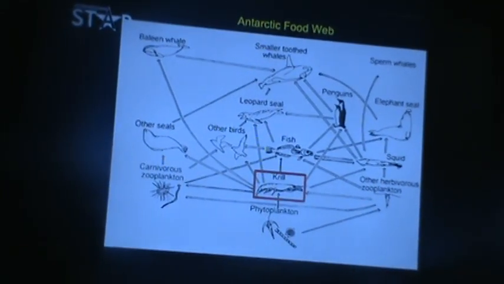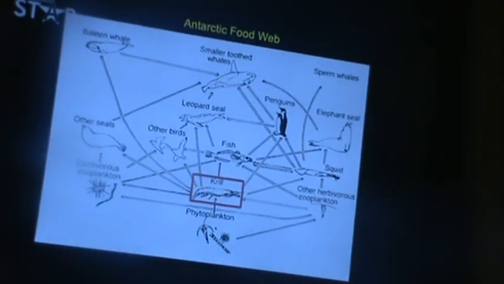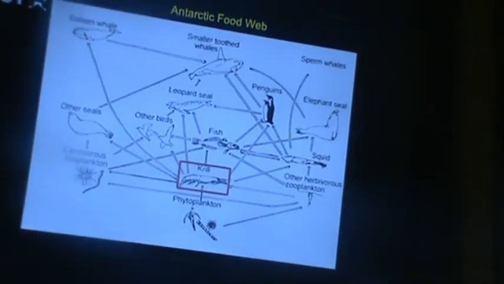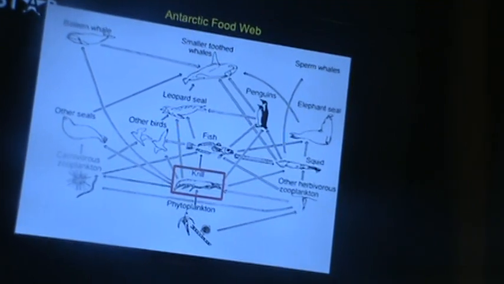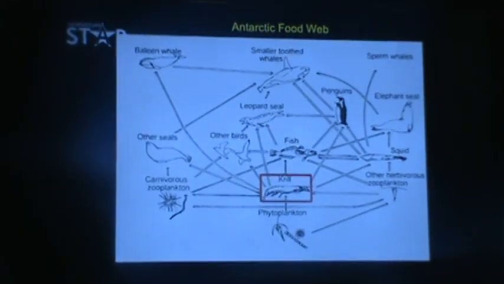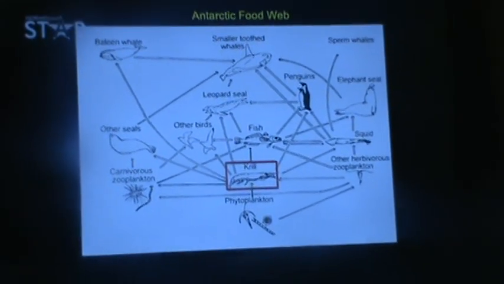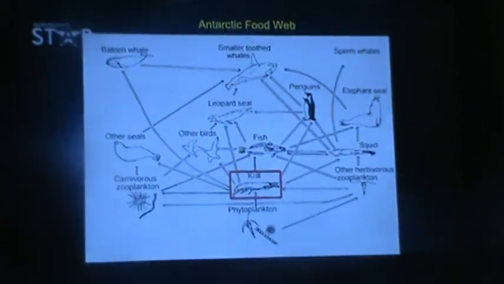So if we look at the Antarctic food web, you'll see that we have the phytoplankton down here. Many of those are living on the bottom of the sea ice. That's the ice that's floating in the ocean, having nothing to do with glaciers. It's just frozen seawater.